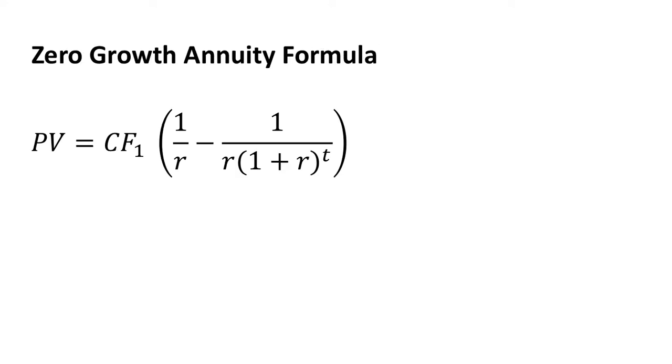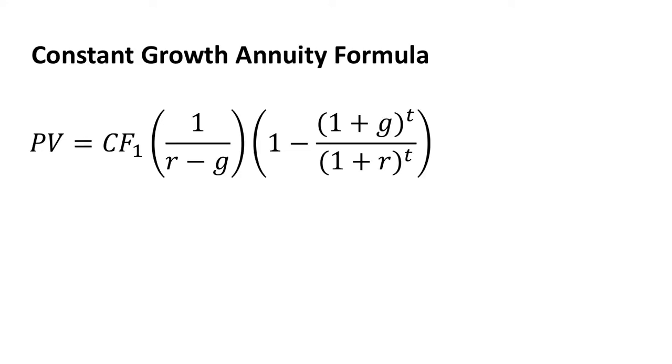Likewise, this is our zero growth annuity formula. You've already memorized it. And here then is our constant growth rate annuity formula. It is not looking very much like the original formula. You'll notice not only is an R minus G created and factored out here, but there's also a (1 plus G) to the T term. So you're going to have to memorize this.